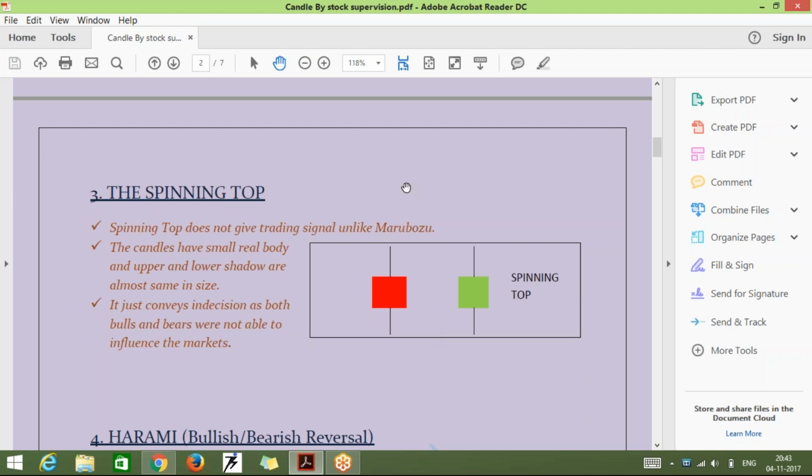You can see there is again indecision between bulls and bears, because the body is a small real body, but the shadows are almost the same: the bulls took the upper shadow to the same level as the bears pulled back to. So again, indecision. The doji and spinning top have almost the same characteristics.